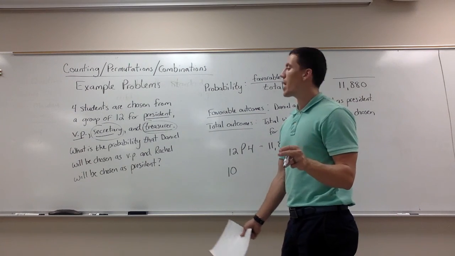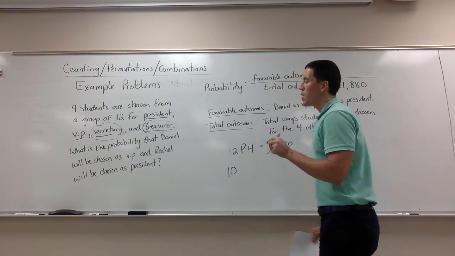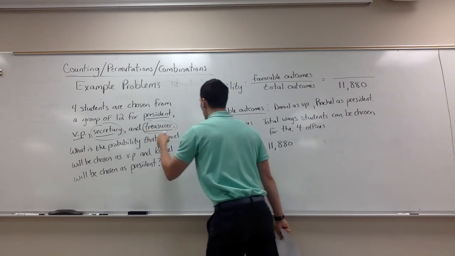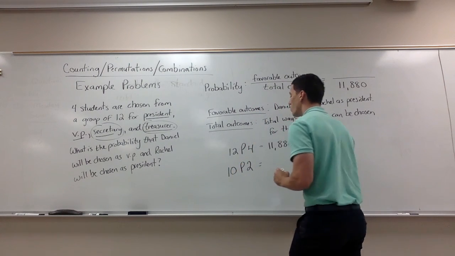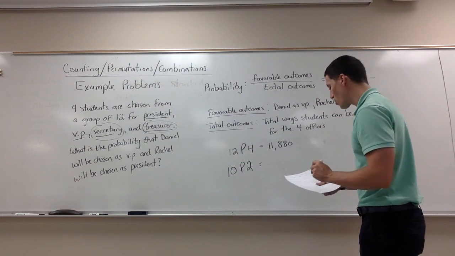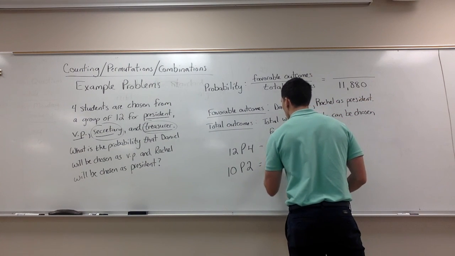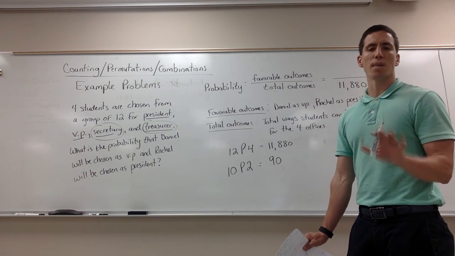Since order does matter, because secretary and treasurer are two different positions, the number of ways that 10 students can be chosen for these two offices is just 10P2. 10 taken two at a time where order does matter. 10P2, if you calculate that out, is 90. So again, we need to stop for a second and make sure we understand that number.